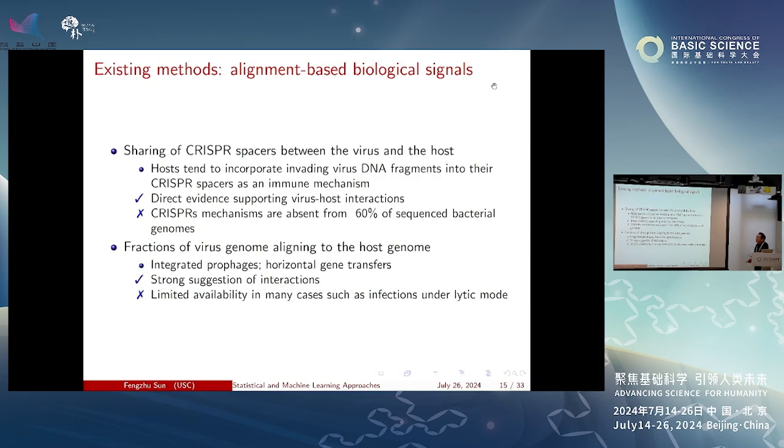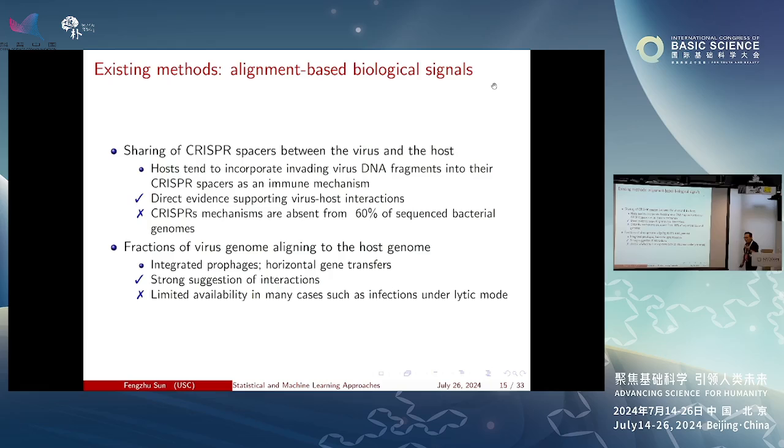So, what information can we use to predict viral-host interaction? So now it's a little bit biology again. And so the first thing is what will happen if a virus impacts bacteria. So we know that when we catch COVID, we all get the immunity mechanism, right?